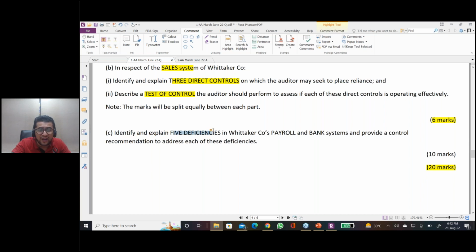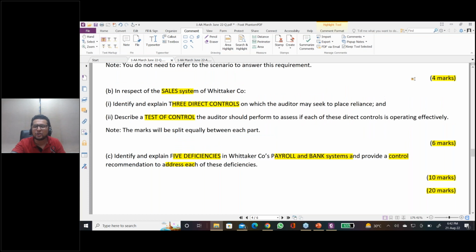Identify and explain 5 deficiencies within the company's payroll and bank system, and then provide 5 control recommendations to address those deficiencies. So for part C, there are 5 twos, 10 marks available. And for part B, there are 3 plus 3, 6 marks available. Are you all clear with respect to the exam requirements of part B and C?